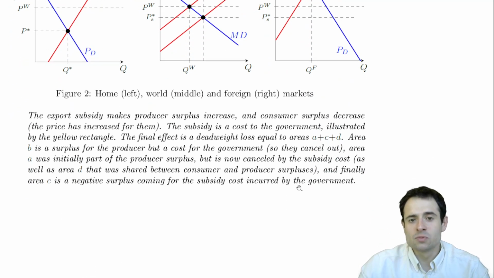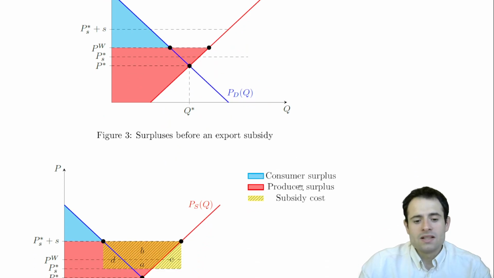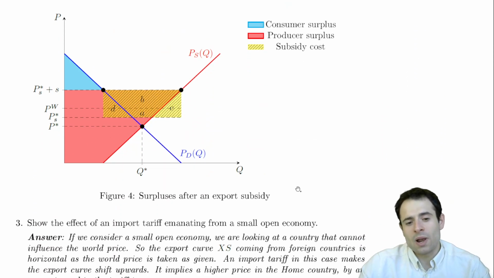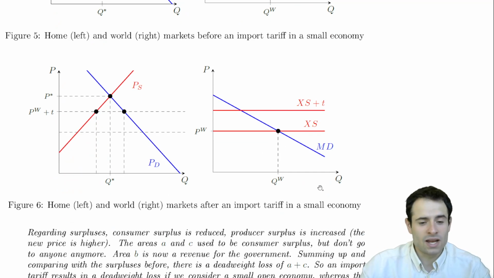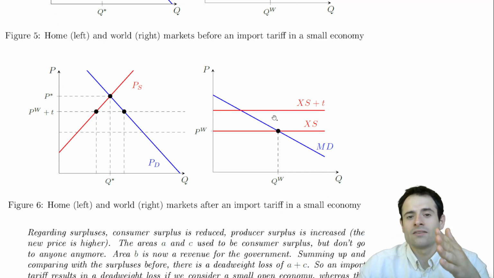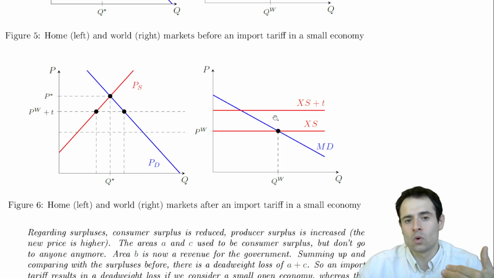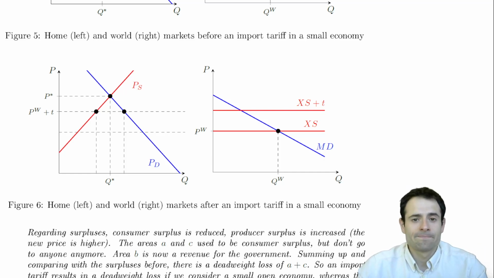In the case of a small open economy, the export supply curve is perfectly elastic. And remember that when it's perfectly elastic, the other side of the market is going to fully absorb the effect of the tax. The tax burden falls on consumers entirely.